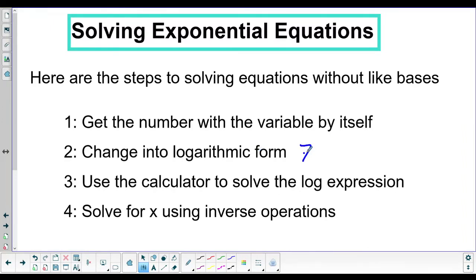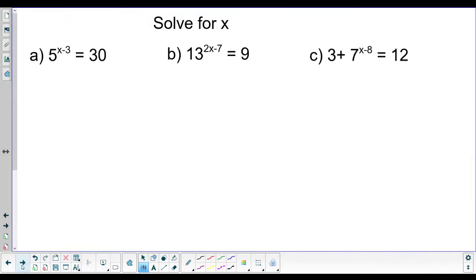So if you have like 7 to the 3x equals 49, then you would rewrite this into log form. So it'd be log base 7 of 49 equals 3x. Then you can use your calculator to simplify the log section, and then you just solve for x using inverse operations. All right, let's go look at some examples just to make sure we understand these steps and we can see how we can apply them.